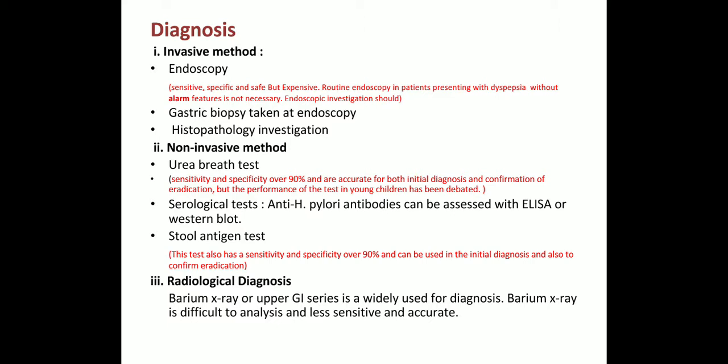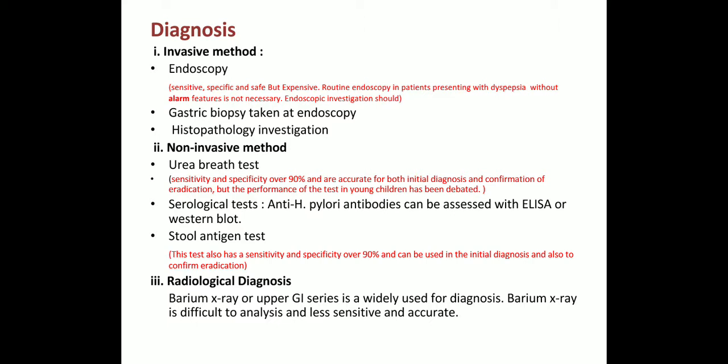This test depends on the ability of H. pylori to split urea. H. pylori has an enzyme called urease, which is also responsible for the mucosal damage. This urease can convert urea into carbon dioxide as well as ammonia. So the principle of the test is this only.